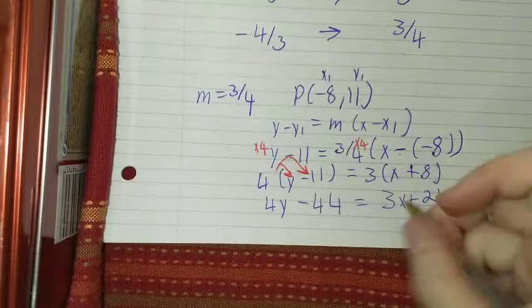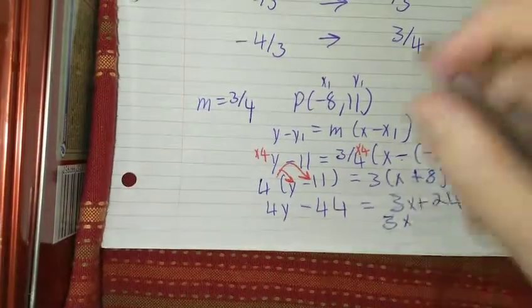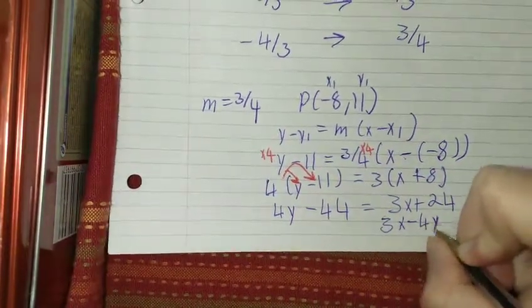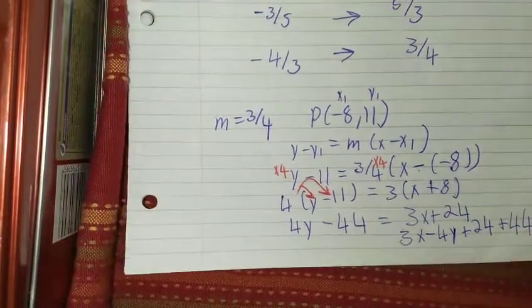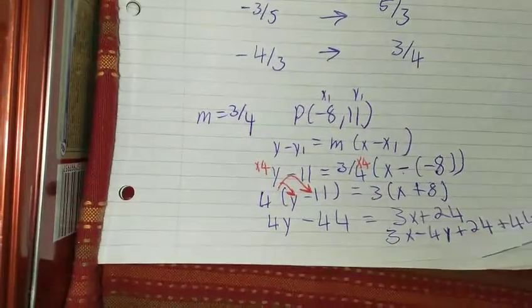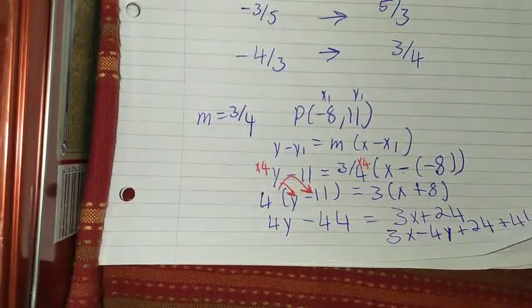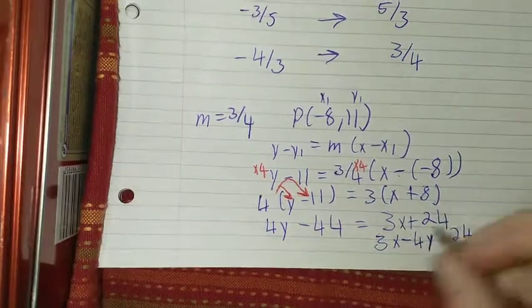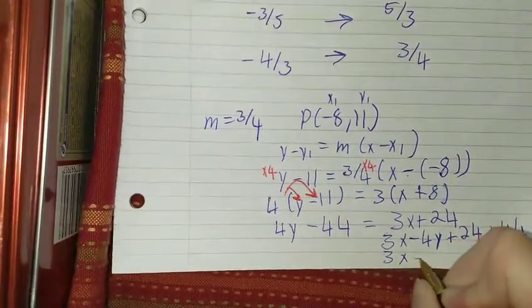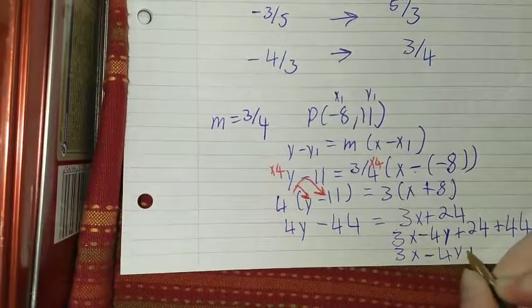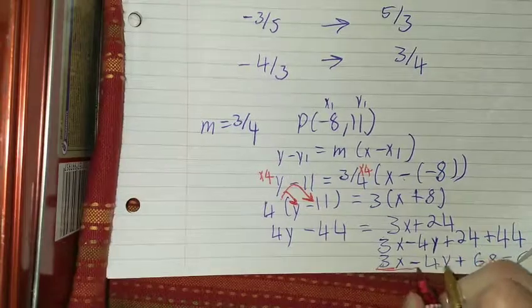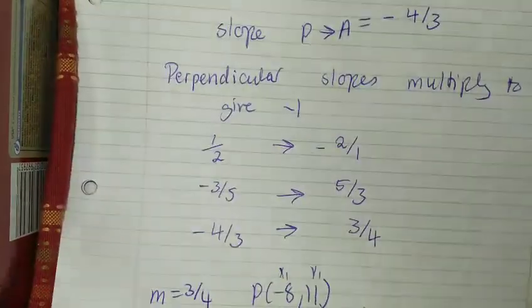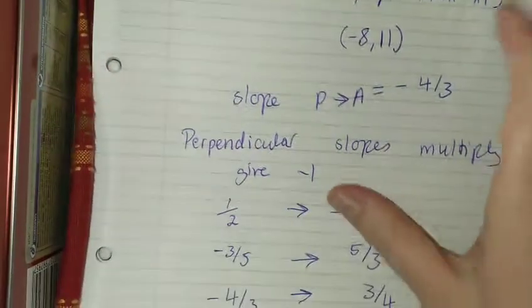If I get everything on the same side, so 3x, if I subtract 4y from both sides and then add 44 to both sides, I get it equal to 0. Now I just have to add my 24 and my 44 together, and I get 68. So my equation of my tangent is going to be this here.